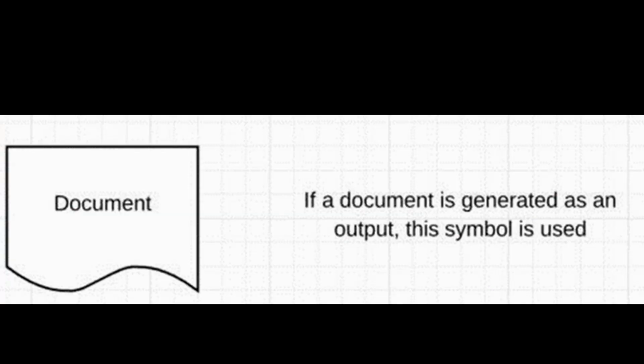Then in this case, we use the document shape. Most of the time, we use it in conjunction with the data shape as well. So we have the data shape as the main shape, and then we have this one on it just to indicate that this shape is giving out a document, or maybe taking in a document. And then most importantly, we also have the arrows, okay?